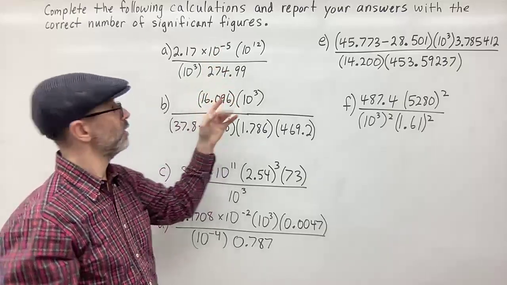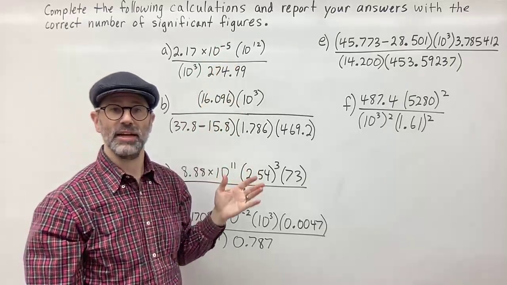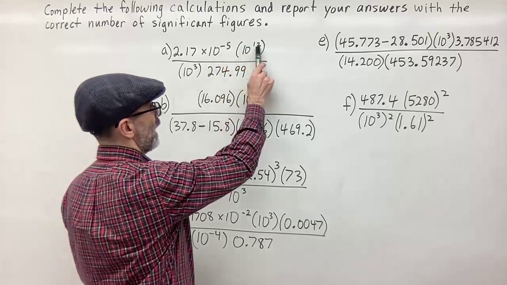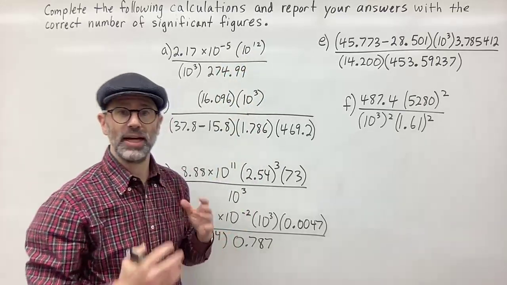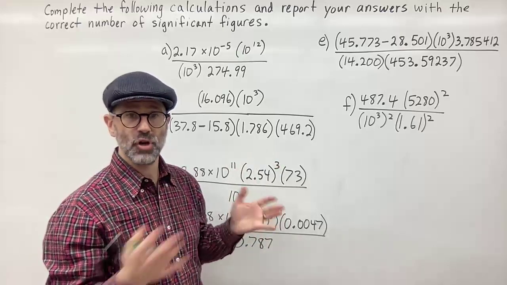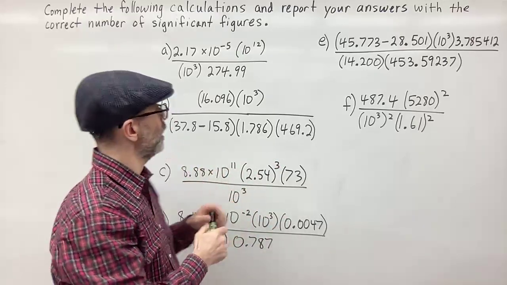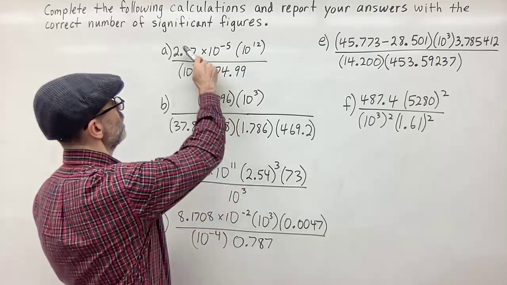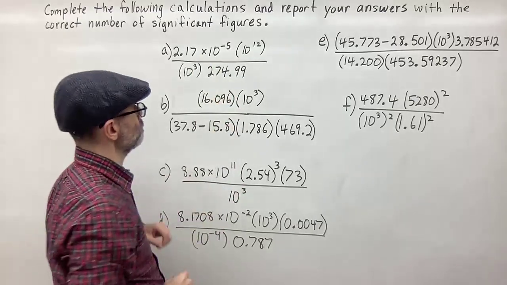Negative 5 minus 3 gives me negative 8, right? And then I would add that to 12, and I would end up with a 10 to the power of 4, right? So I could simplify using the power rules. But I still need to divide these numbers.